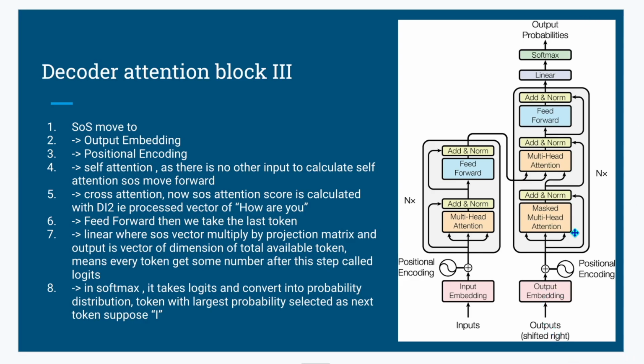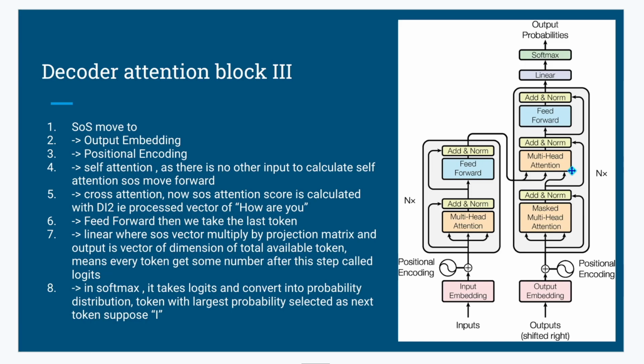Now again the output gets into the input. The previous input is SOS, the new input is I. So now SOS and I go through positional encoding and through this self attention. What happens here is the attention score gets calculated between SOS and I. Then from here, two vectors move to the cross attention.